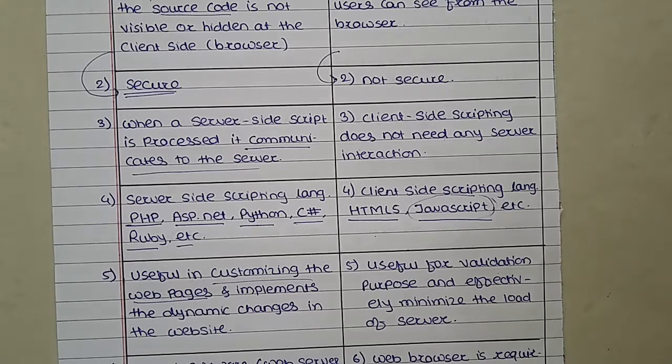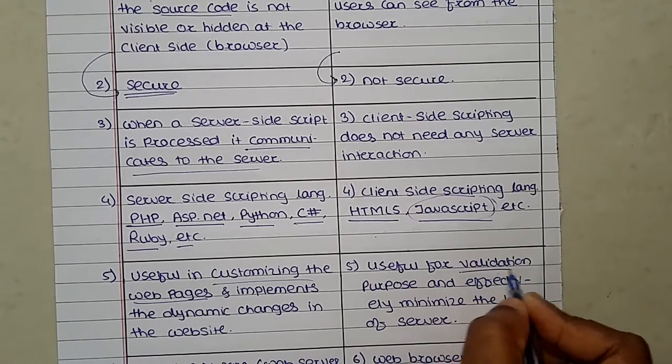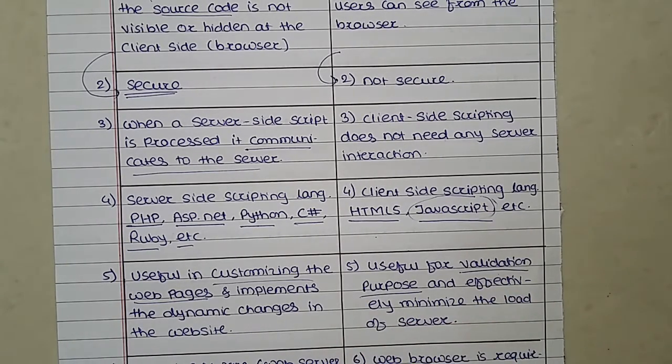details of the websites. But when we talk about client side scripting, it is used for validation purpose, and it effectively minimizes the load of the server. As we know, JavaScript is used for validation purpose. This is the feature of JavaScript.